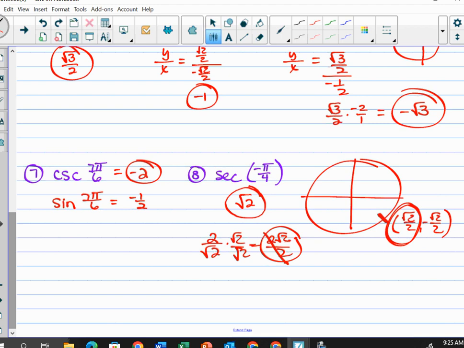Negative pi over 4 means go backwards pi over 4. So however far pi over 4 is this way, you go back that far. Yes, exactly.